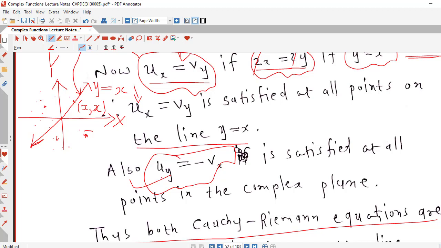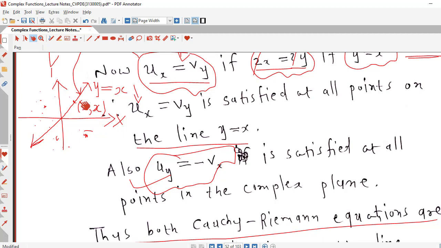That means Cauchy-Riemann equations are not satisfied at all those points which are not on the line y equal to x. It shows that the function is not differentiable at all the points at which Cauchy-Riemann equations are not satisfied.